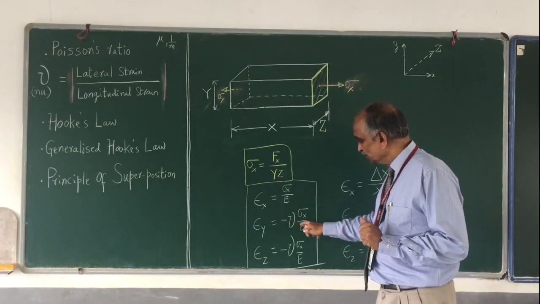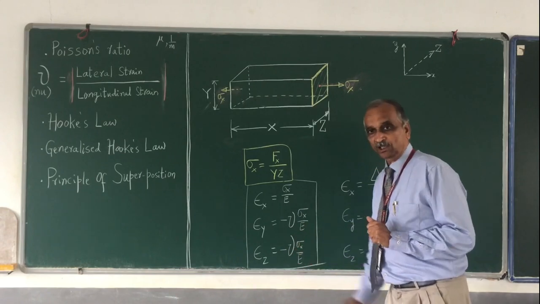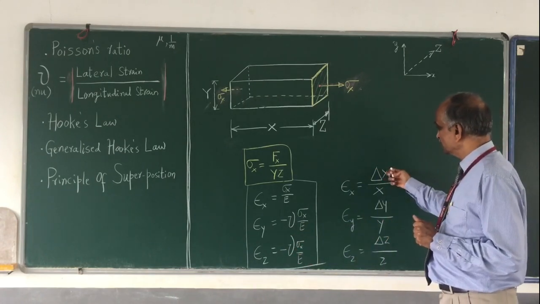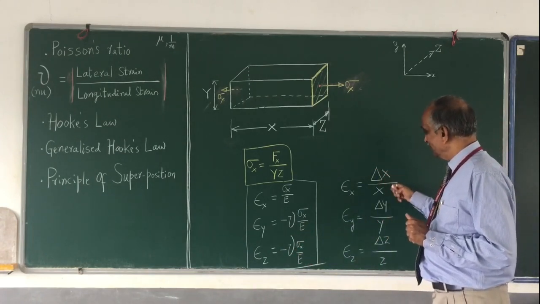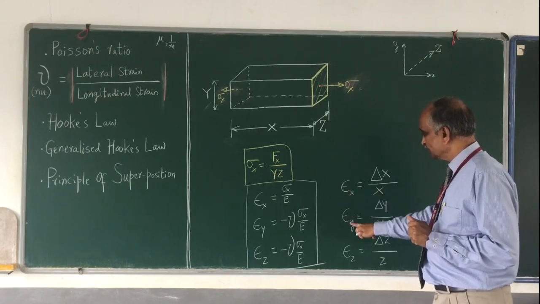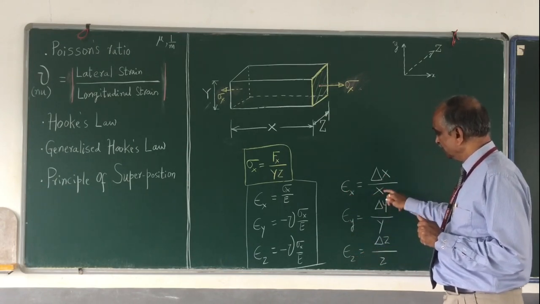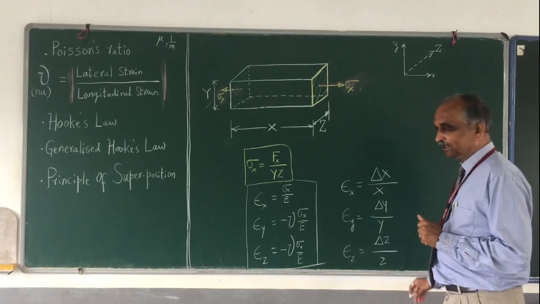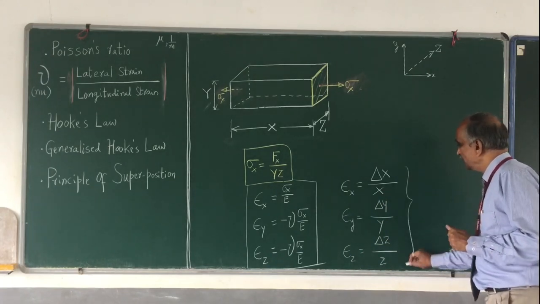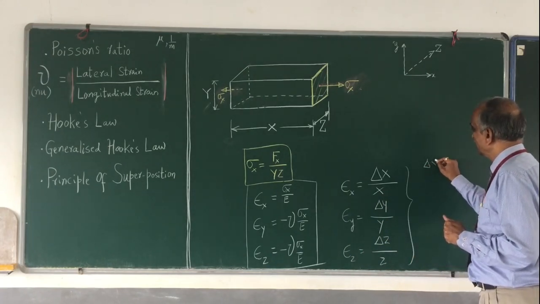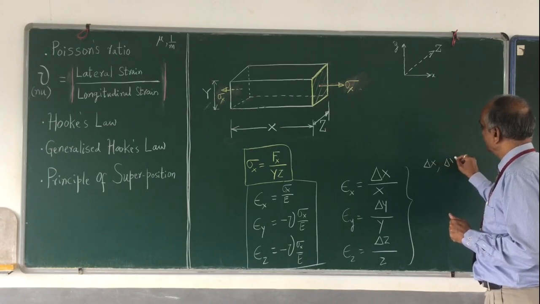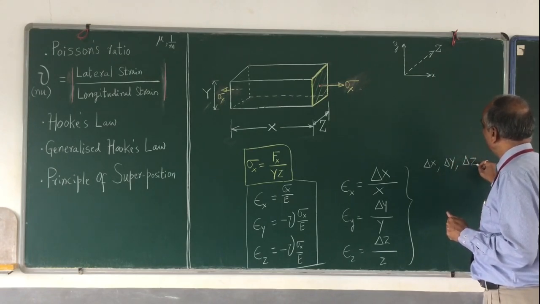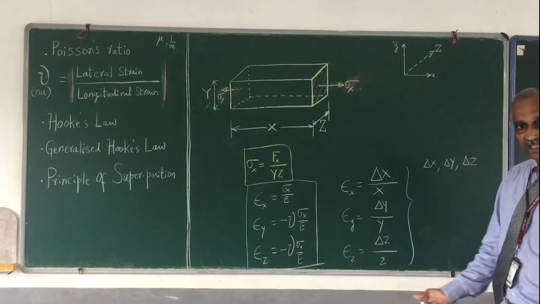So epsilon x, epsilon y, epsilon z are known, and x, y, z are known. Therefore from this you can find out delta x, delta y, and delta z.